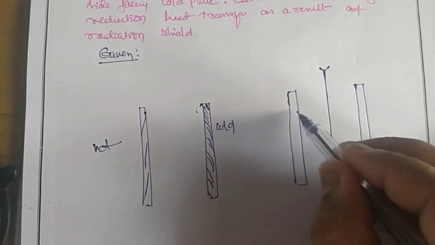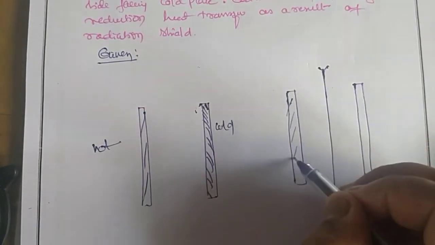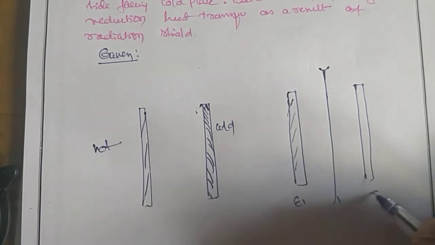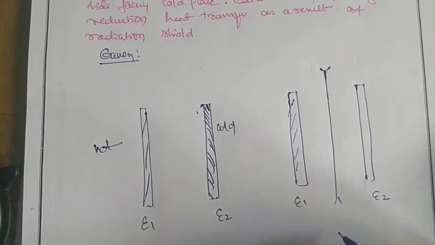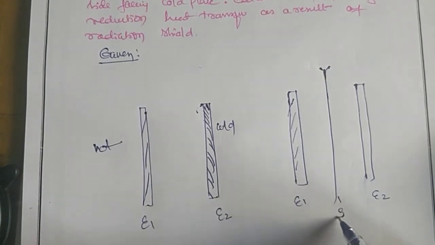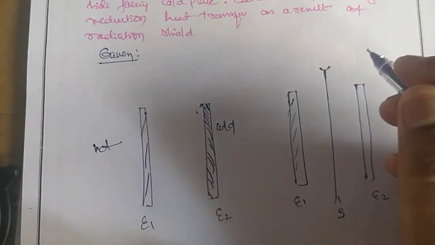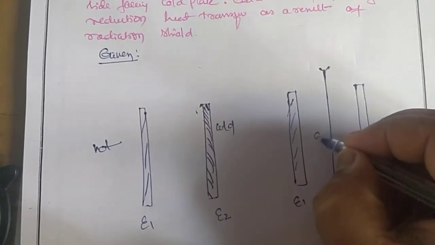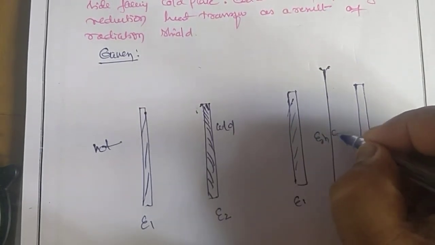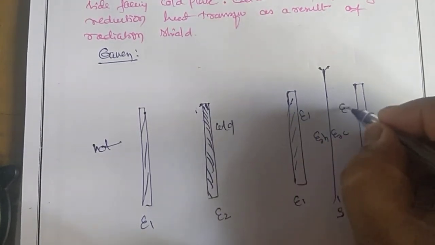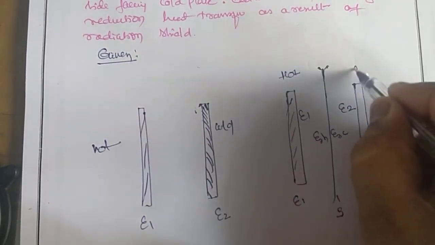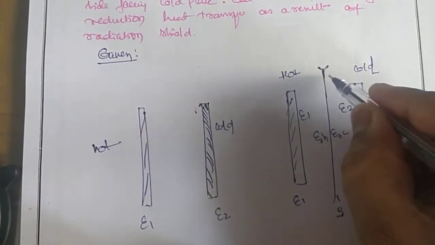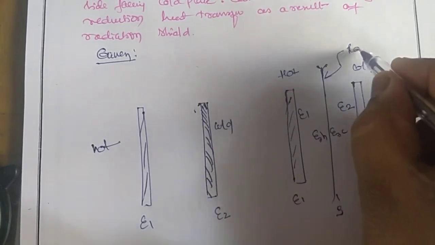The emissivities are epsilon 1 and epsilon 2, but when they introduce the third plate between them, its emissivities become epsilon 3H and epsilon 3C, because we have to identify the hot side and the cold side. This is what we call the radiation shield.